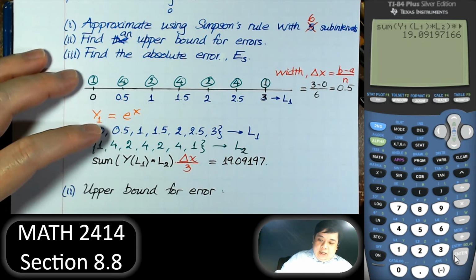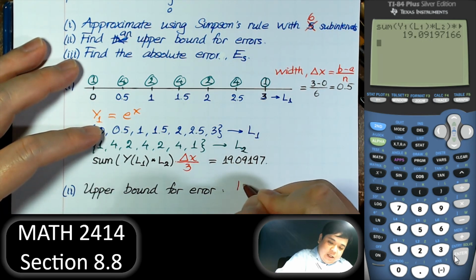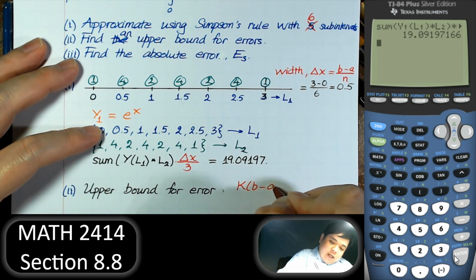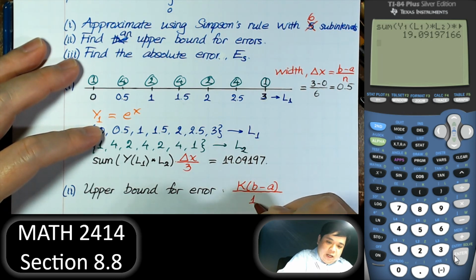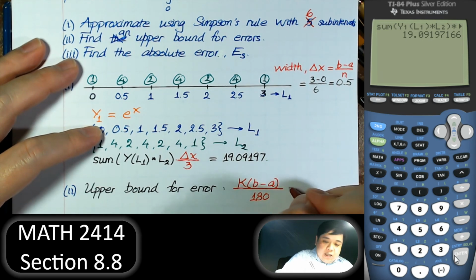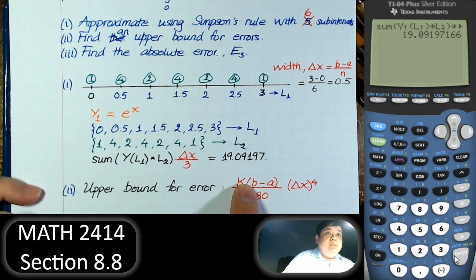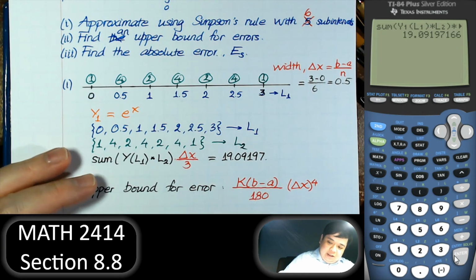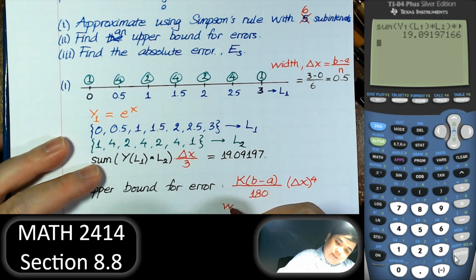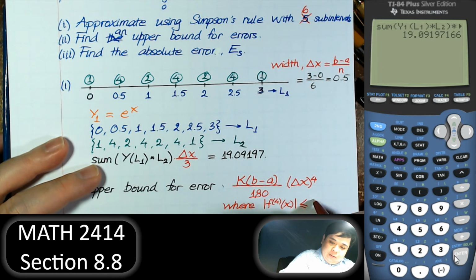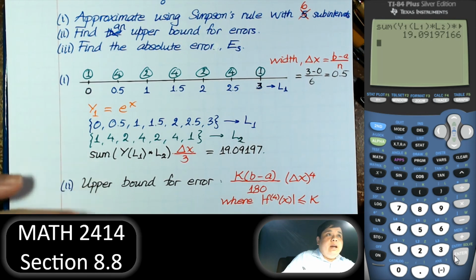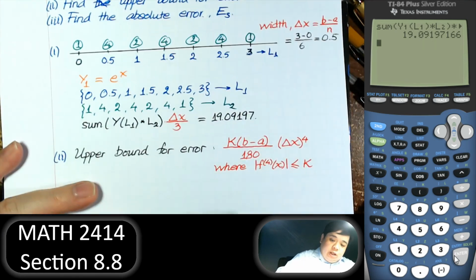is going to be equal to K times (b minus a) divided by 180 times delta x to the 4th power, where K is the maximum of the 4th derivative, and of course, for x between 0 and 3.